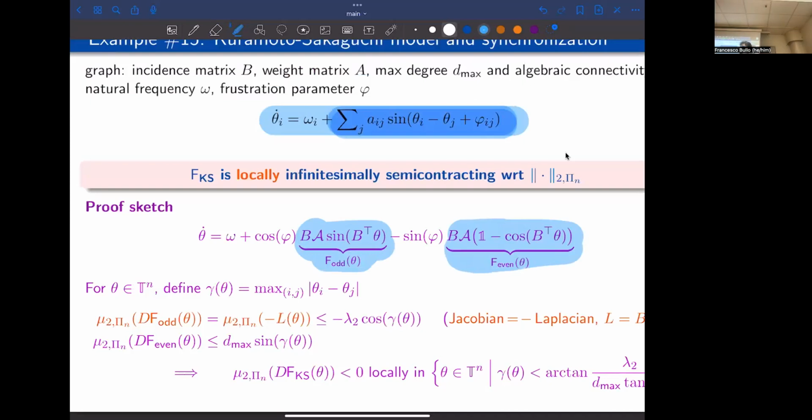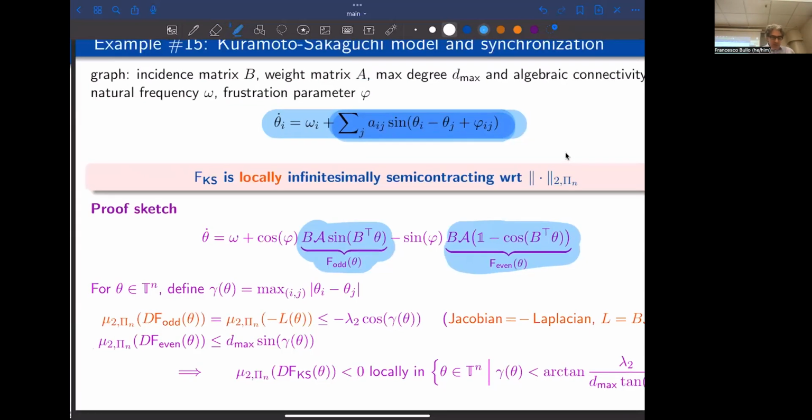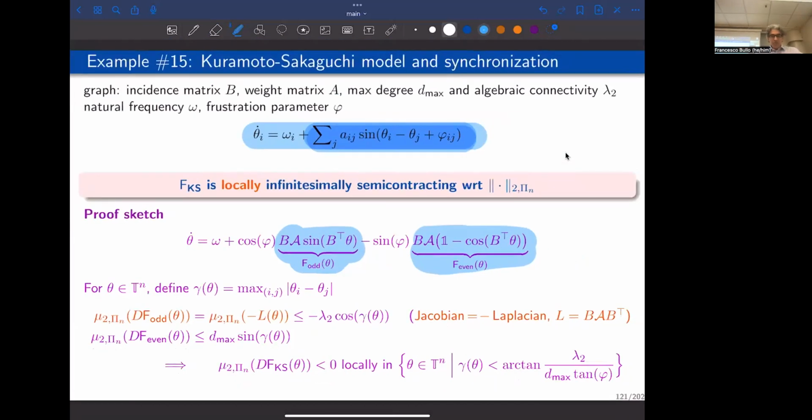That's because if you multiply theta by -1, this is an odd function of theta. And if you multiply theta by -1, the other one doesn't change, so it's an even function of theta. Now, why did I decompose it into these two terms?